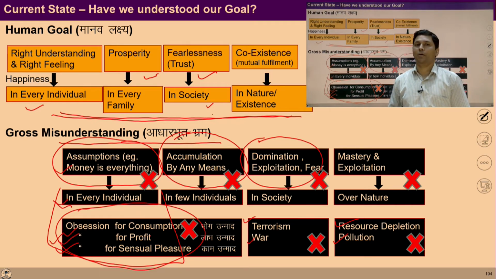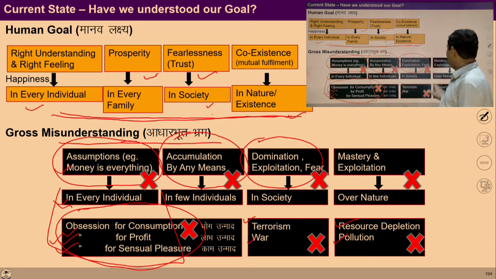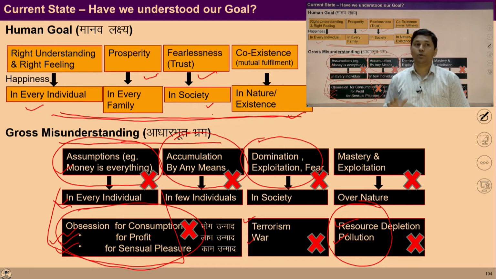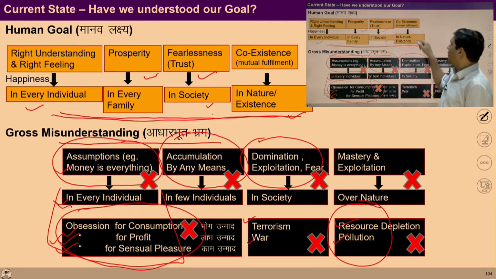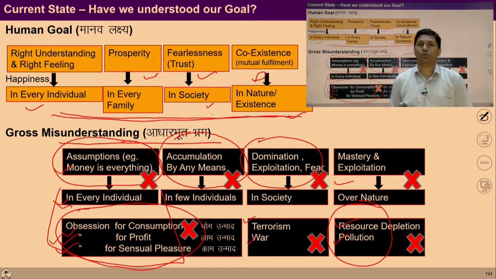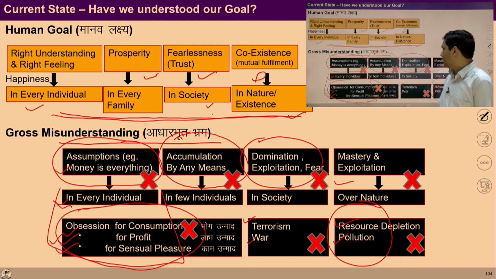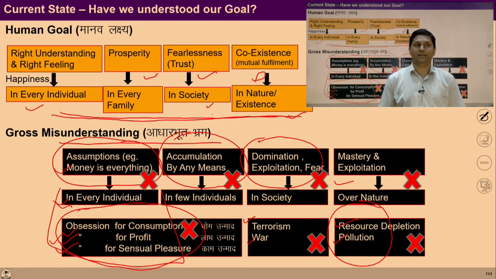Similarly, at the level of nature, there is a problem of resource depletion, pollution. Why? Because we are not able to see coexistence with nature. If we are not able to see coexistence, we assume nature as a source of consumption, and unknowingly we start exploiting nature.